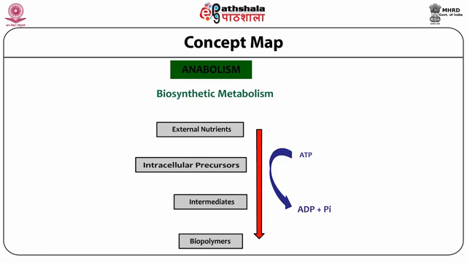The conversion of a simple molecule or a monomer to a biopolymer takes place by the utilization of adenosine triphosphate, which results in the formation of the biopolymer. And this adenosine triphosphate serves as the energy source for the anabolic process.